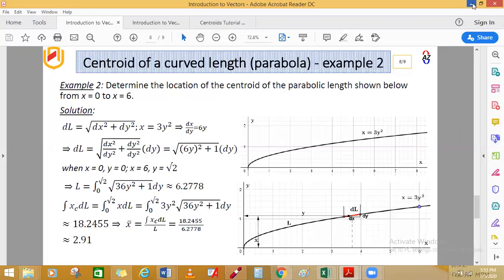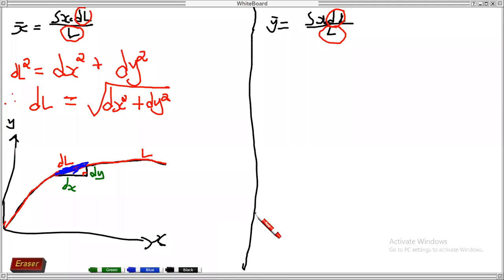Once you have come up with that, you've actually done a step already. Remember, this dL is this portion here.